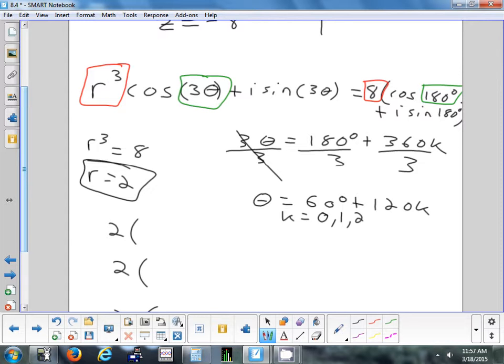Okay, so the first answer is going to be 2 cosine of, fill in 0 for k, get 60. So this was k equals 0, k equals 1, 120 plus 60 is 180.